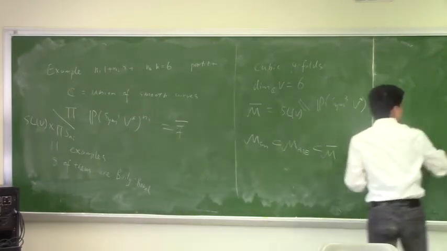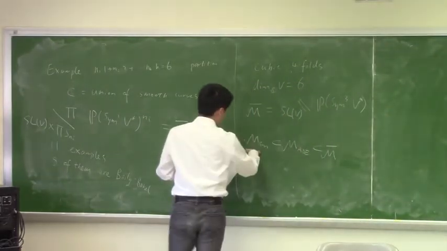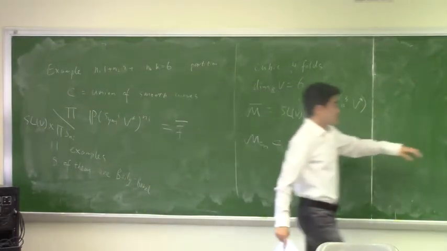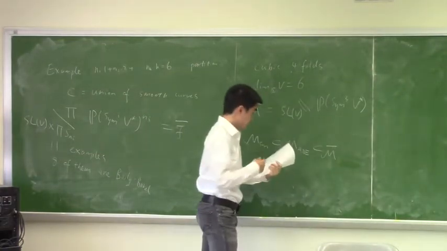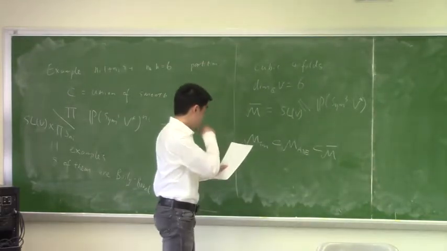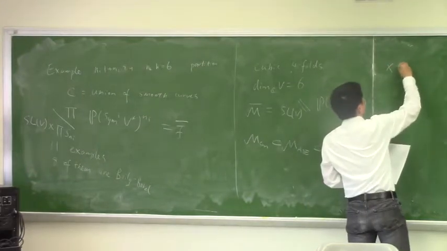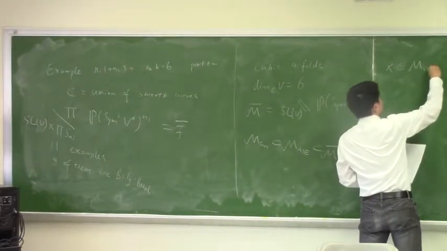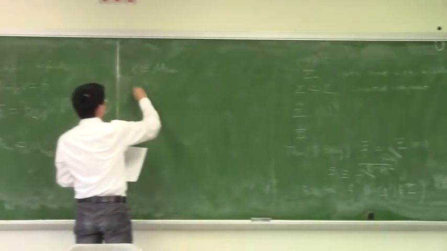And for smooth cubic fourfolds, we still have similar results like K3 surfaces. We have the global Torelli theorem. So let me first state what the global Torelli theorem is. For any smooth cubic fourfold X, we consider the middle cohomology.